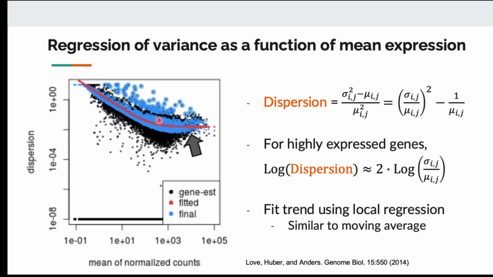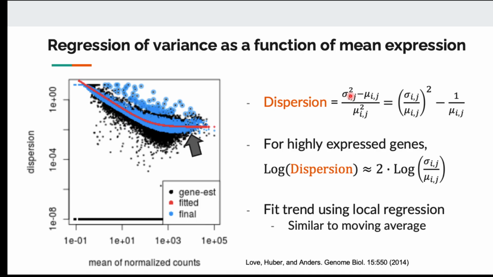So if we plot, again, the average expression level, the y-axis now is not really the variance, but a modified version of the variance. It's called dispersion. It's the variance subtracted by the mean, divided by the mean square. This convention is to remove the effect of the mean from the variance.